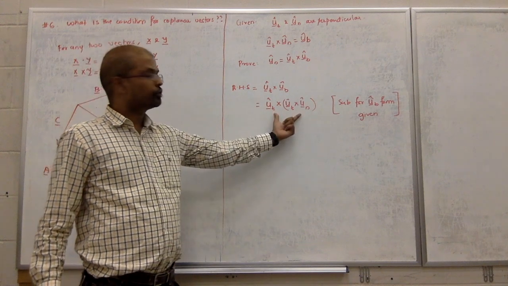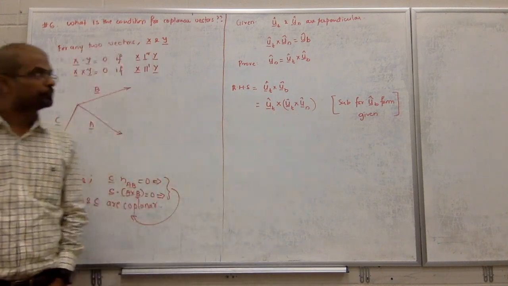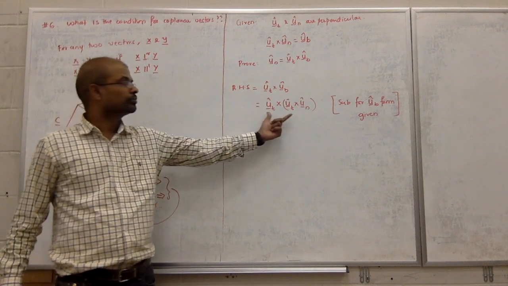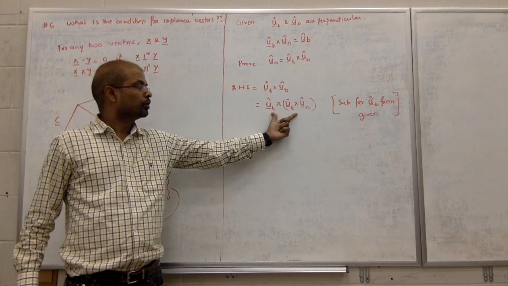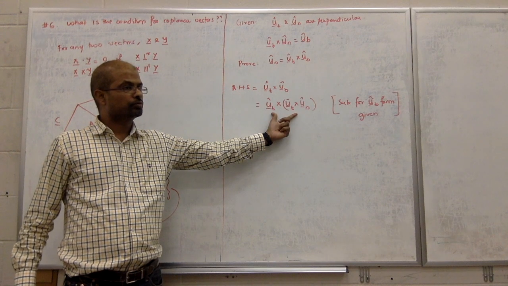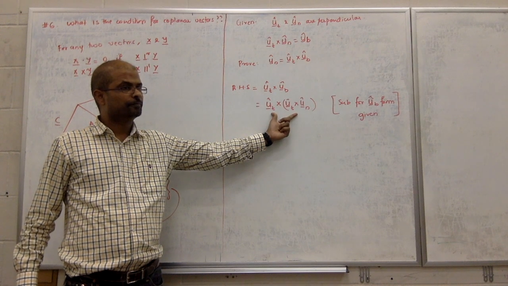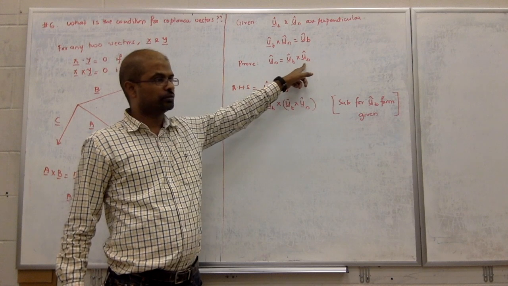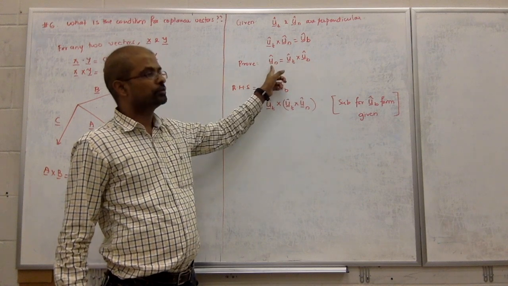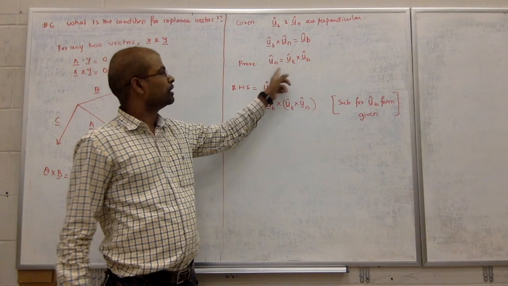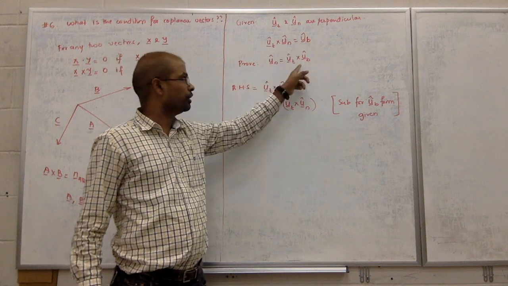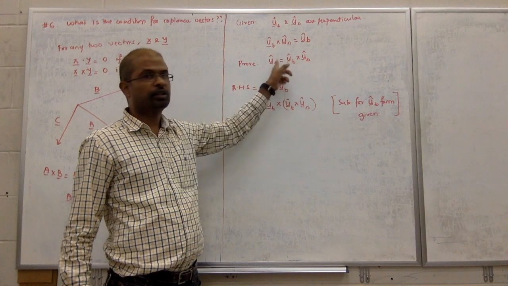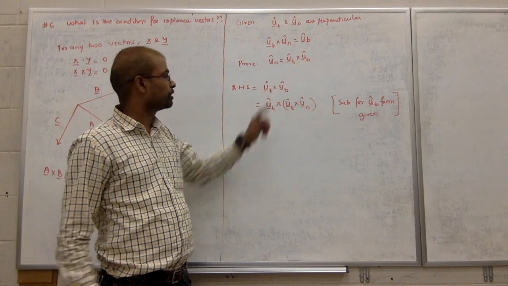What does this need to simplify to? UN. I started with this, okay? If I started with this and substituted from here, you need to show that the right hand side is equal to the left hand side. Right? I started with the right hand side.